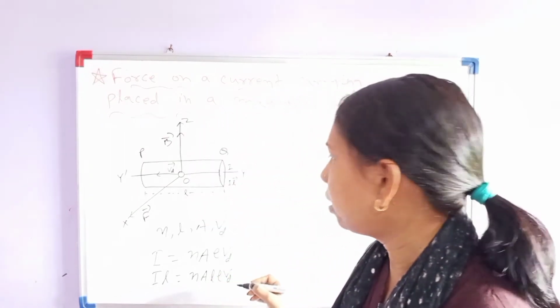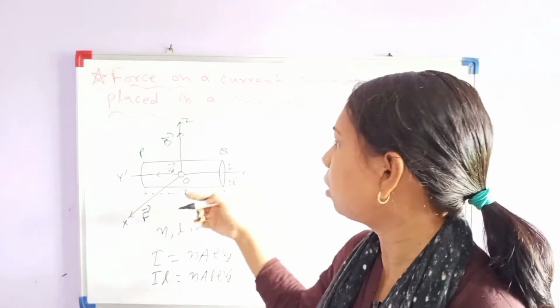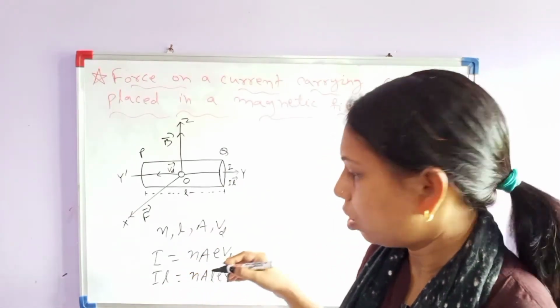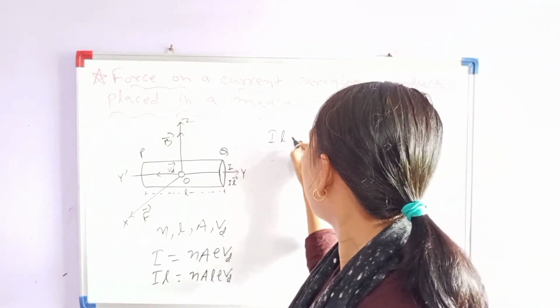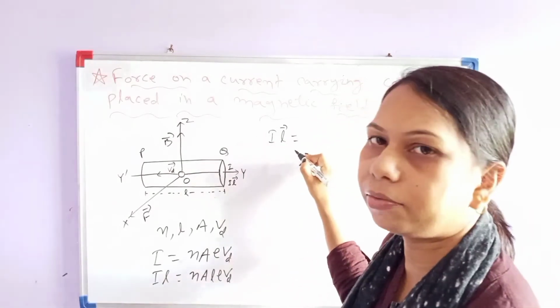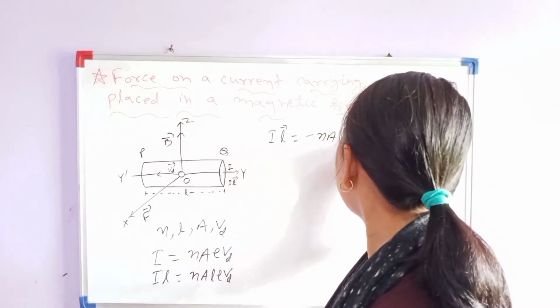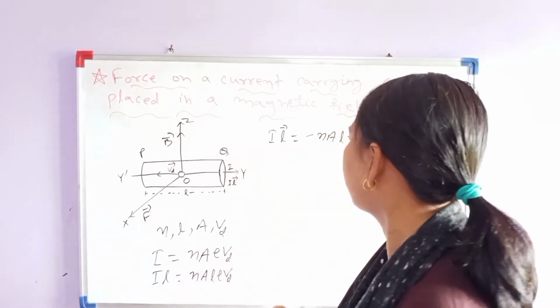We know that the direction of conventional current is always opposite to the drifting of electrons. So vectorially we can write the IL vector equals minus n A L e Vd.